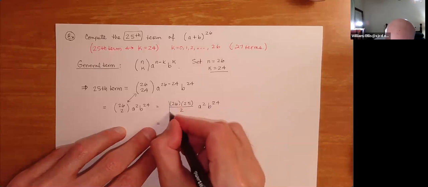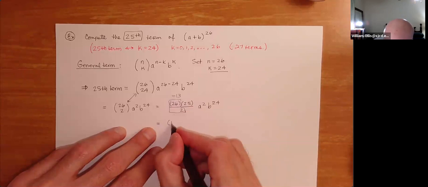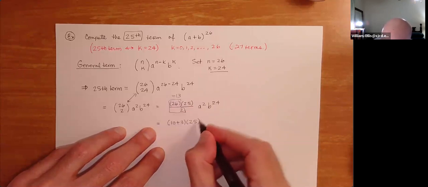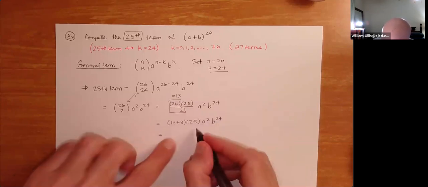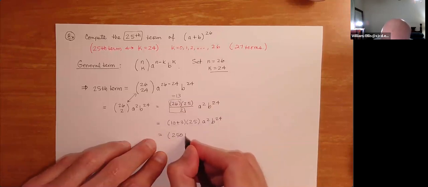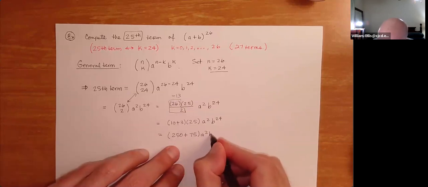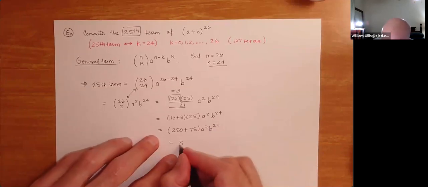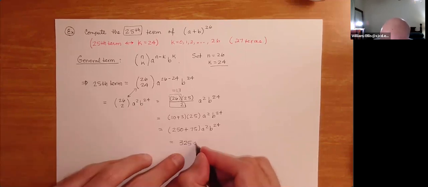So this part gives us a 13. So we can write that as 10 plus 3 times 25, a squared b to the 24th. So that'll give us what? 10 times 25 is 250, and 3 times 25 is 75. So when we add those, we get 325.